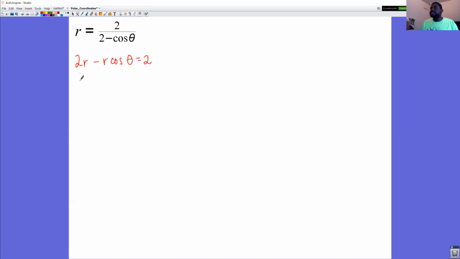Then we're going to replace r with square root of x squared plus y squared, and replace r cosine theta with x. Then we're going to add x to the other side. That's x plus 2. And then we're going to square both sides of the equation.